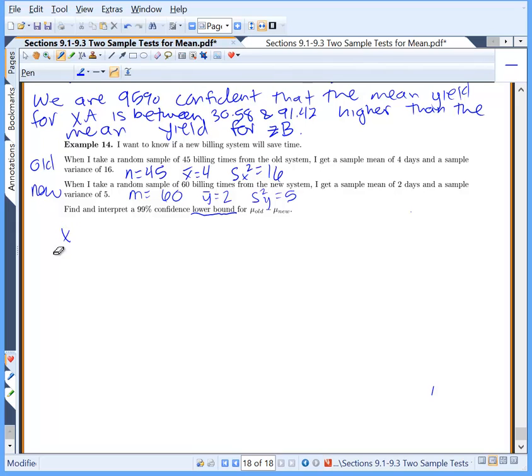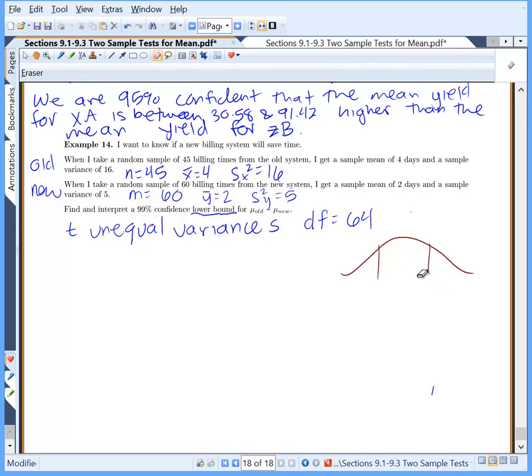So because we already did this problem previously, we decided that we're going to use a T interval with unequal variances. And we previously calculated that our degrees of freedom are 64 once we round down. Okay. We need to find our critical point, so we want 99%, but we only want our lower bound, which means that we need 99% here, 0.01 here. 64 degrees of freedom, let's go to our t-table.